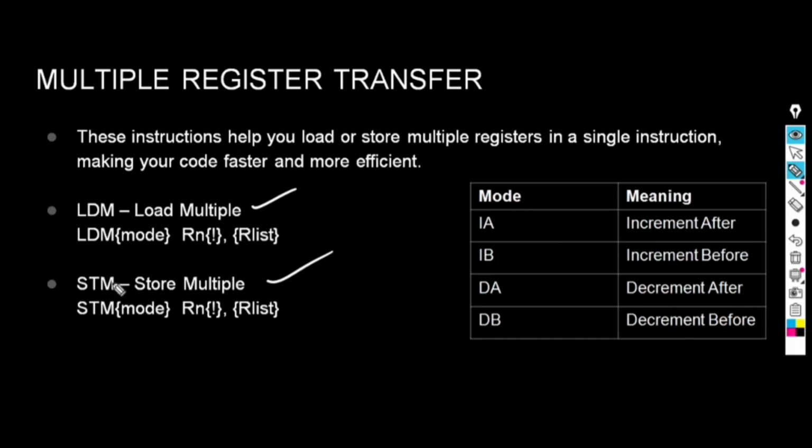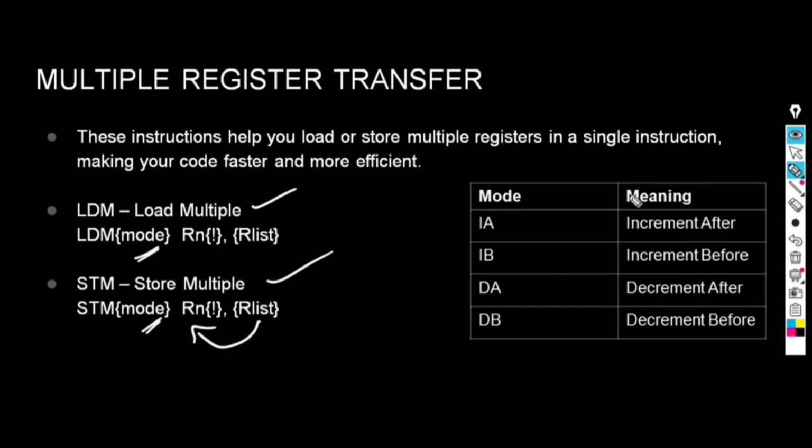In case of store multiple, all the contents which are present in the register specified here will now be stored into the memory location pointed by this particular register and other consecutive memory locations. When you write LDM or STM as an instruction, you have 4 different modes to choose from: increment after, increment before, decrement after, decrement before.